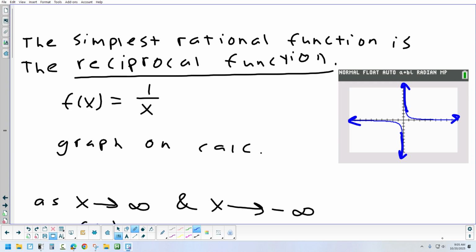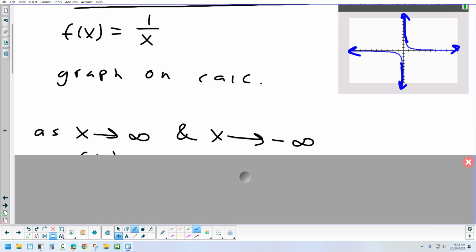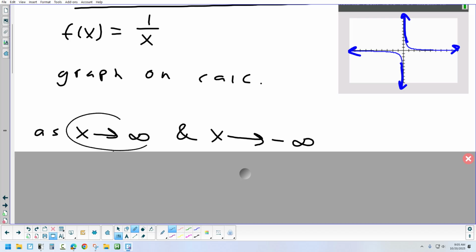Okay, so let's look at 2 things. This part right here, as x approaches infinity, this means as you head to the right. Think about what direction infinity is on the x-axis.